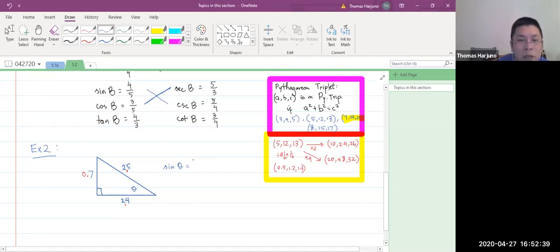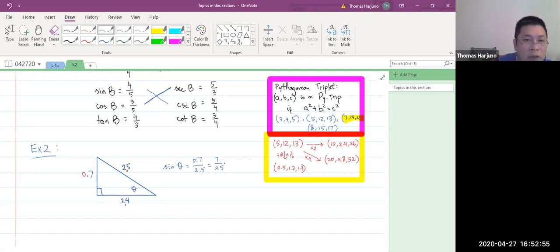So in this case, that will be 0.7 over 2.5, which if I multiply the top and the bottom by 10, I get 7 over 25. Notice that the ratio sine theta, opposite over hypotenuse, will be the same even if you multiply this by 10 or divide by 10.